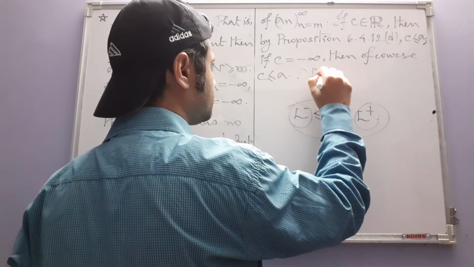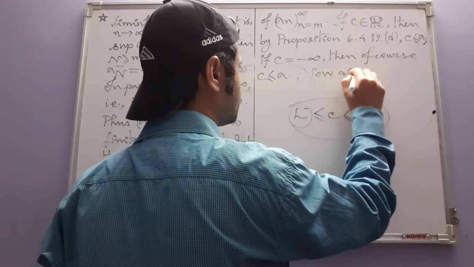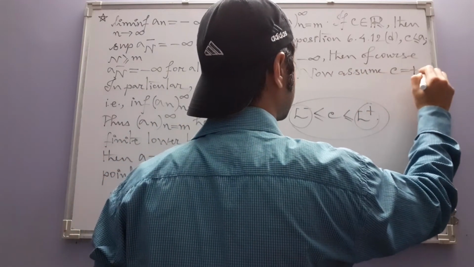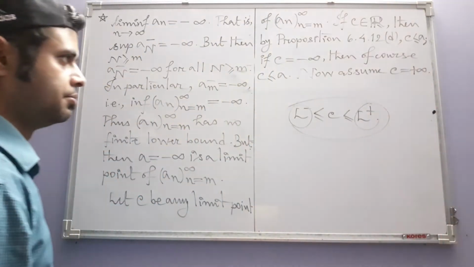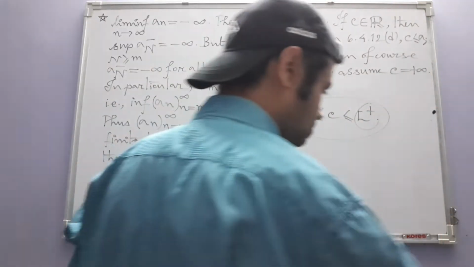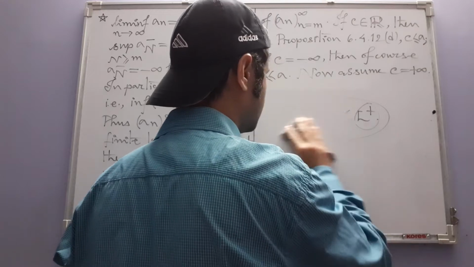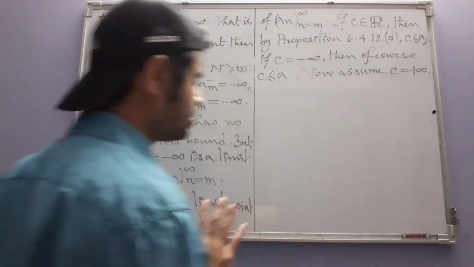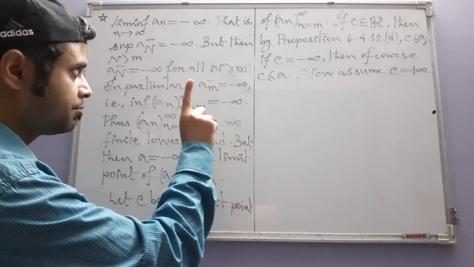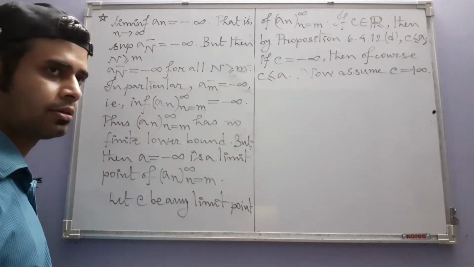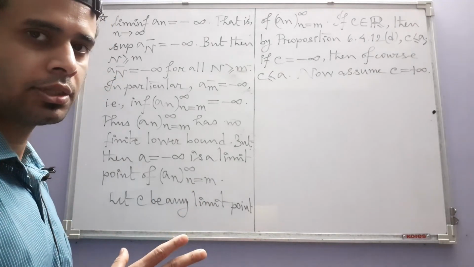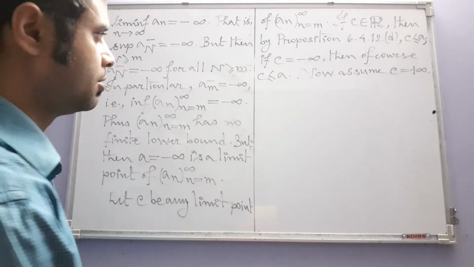Now assume the case where C is plus infinity. So the hypothesis that C is a limit point of our sequence means what? And it is plus infinity. It means by definition that the sequence has no finite upper bound.